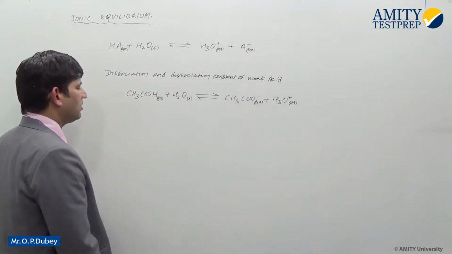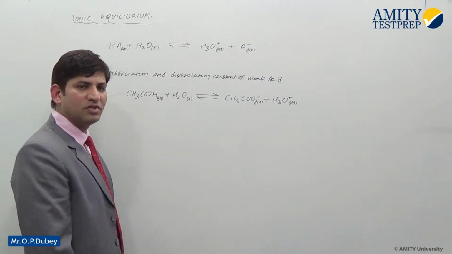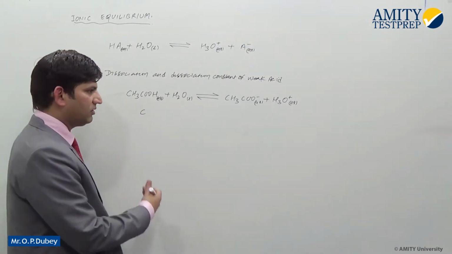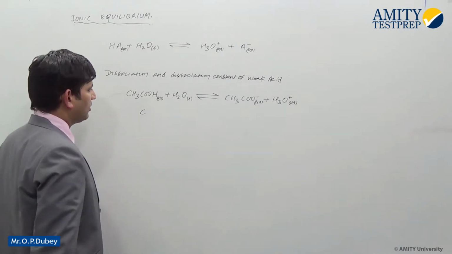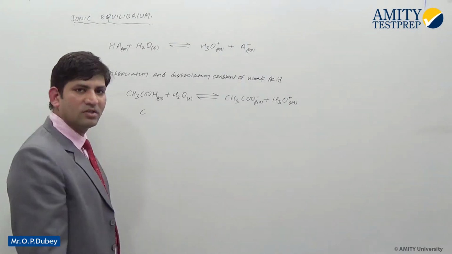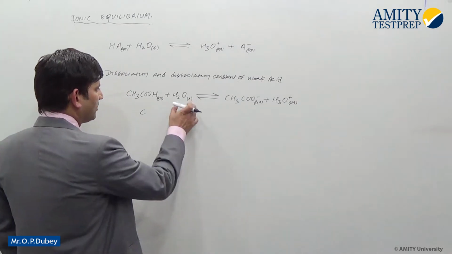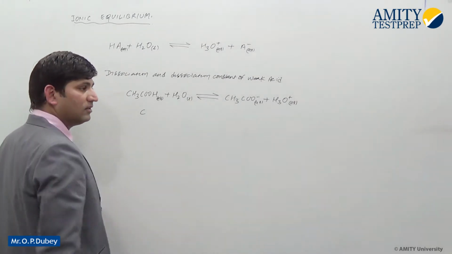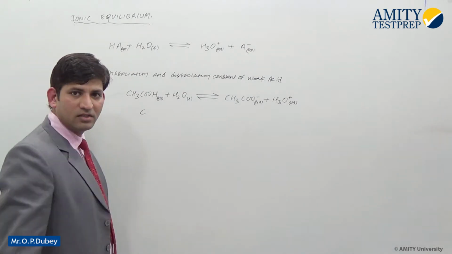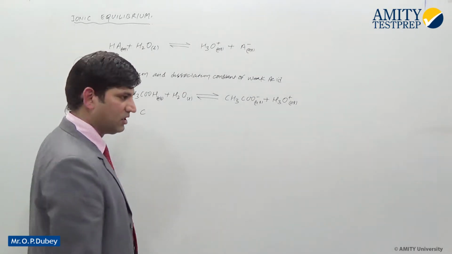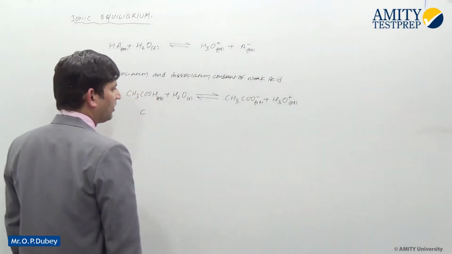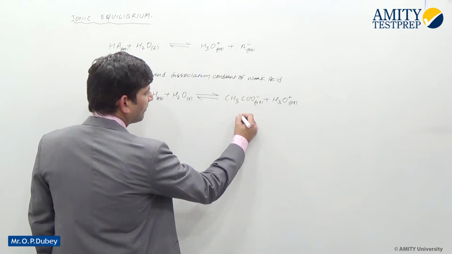Suppose the concentration of acetic acid in the aqueous solution is C moles per liter. Since water is in excess quantity, it is a pure liquid, and its activity, or molar concentration, is taken to be 1.